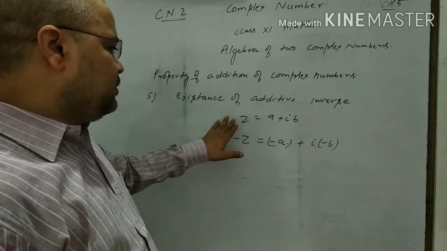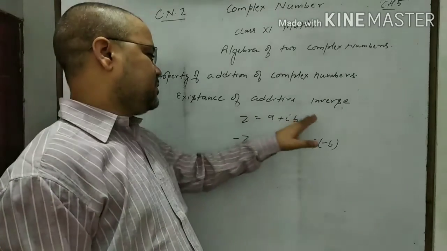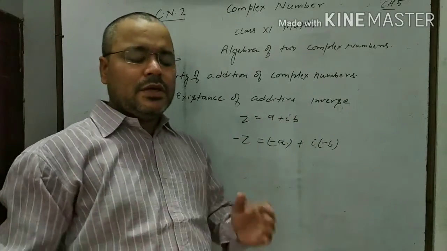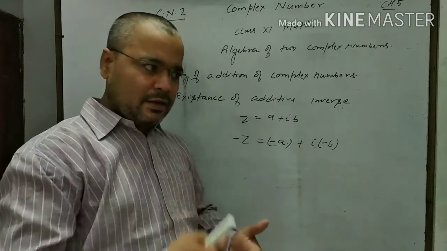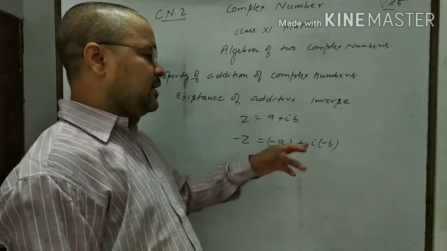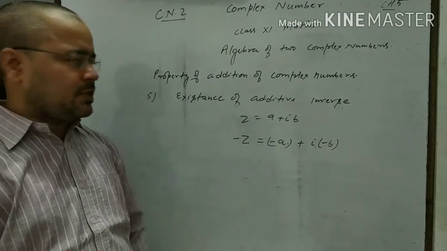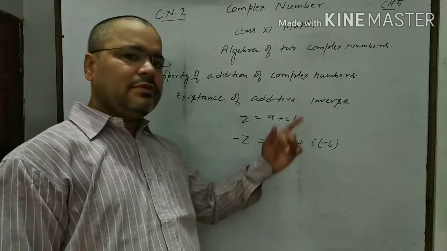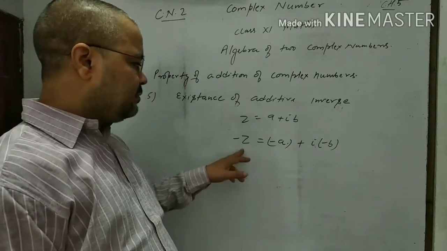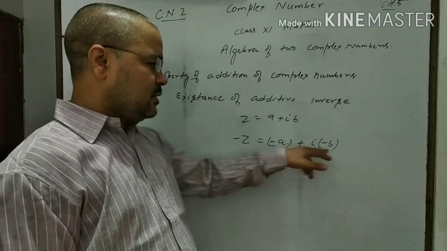If we have any complex number a plus ib, then its inverse is defined like this: additive inverse. Multiplicative inverse is a different thing, we will discuss later, but here this is additive inverse.